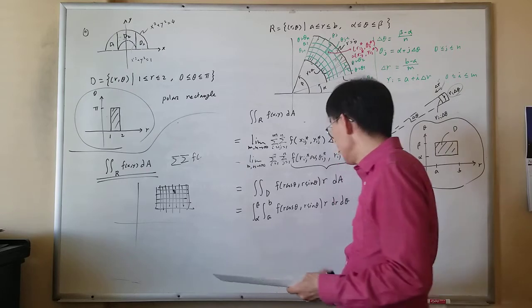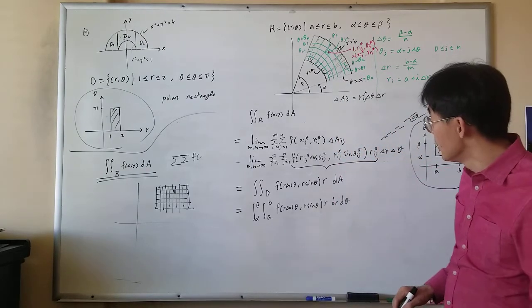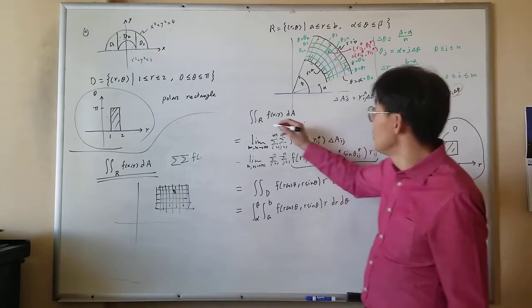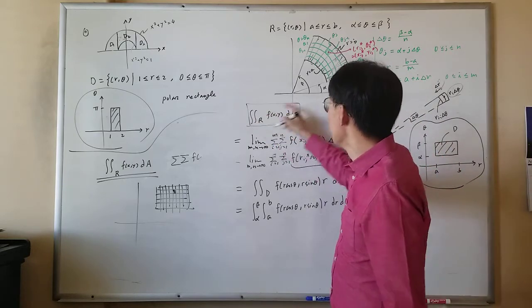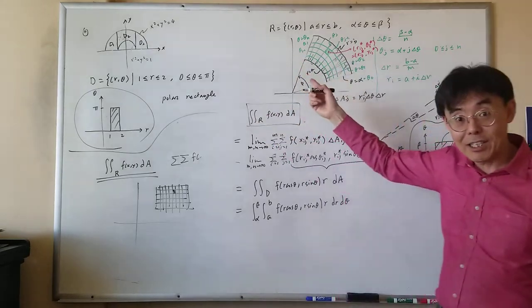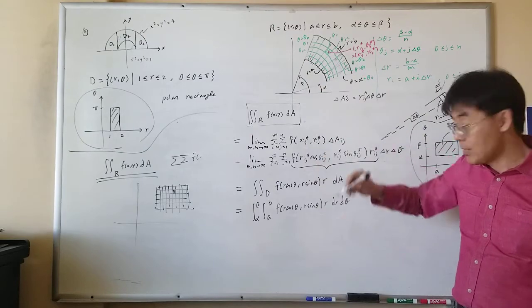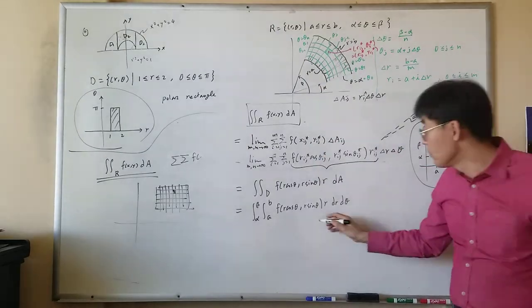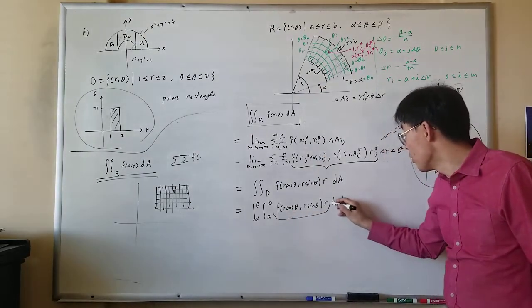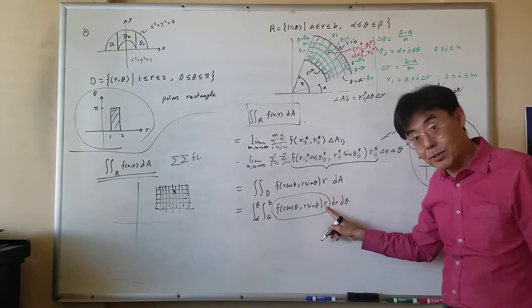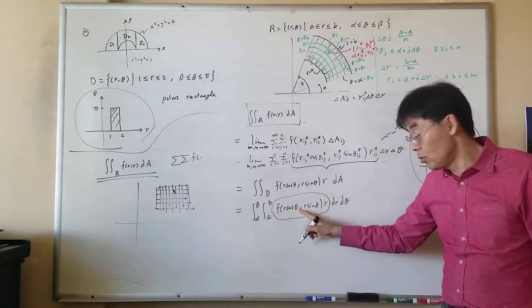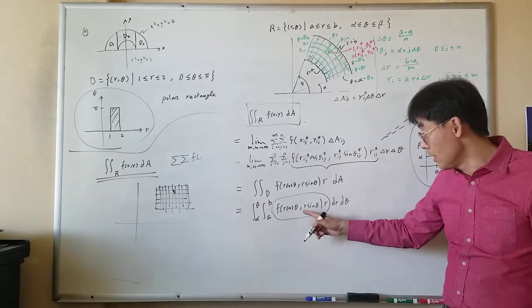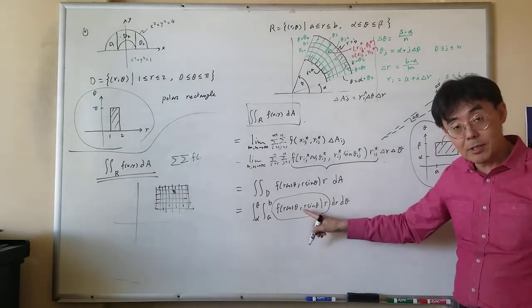dr d theta. Okay? So, double integral of f of x y in the region R in the xy plane is same as double integral of this new function of r theta going through this, right? Don't forget this r. xy change it to r theta. X equals r cosine theta, y equals r sine theta.